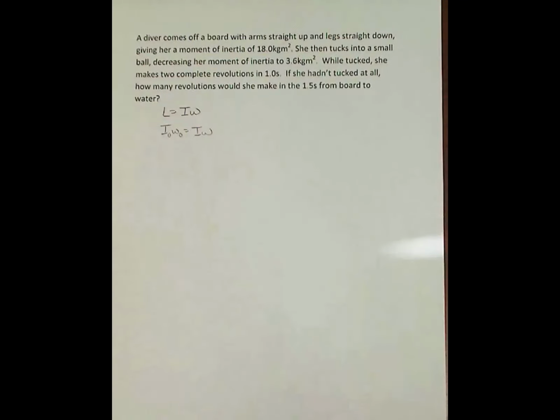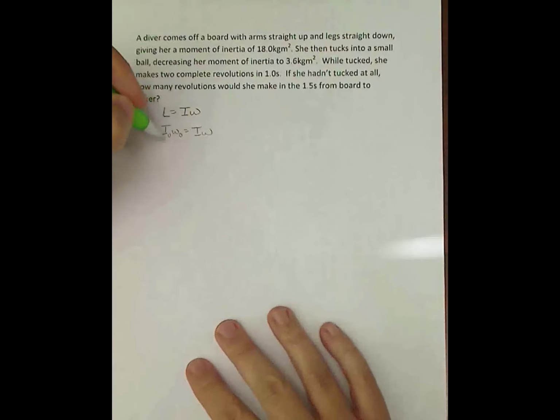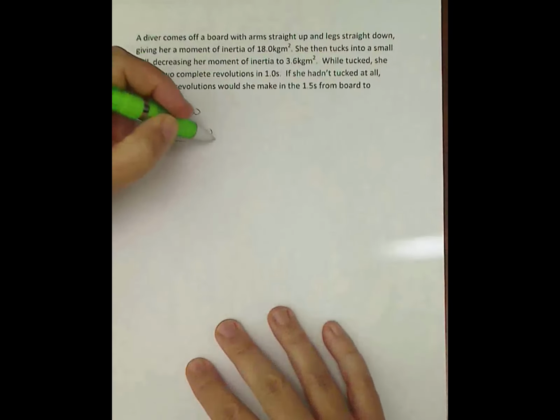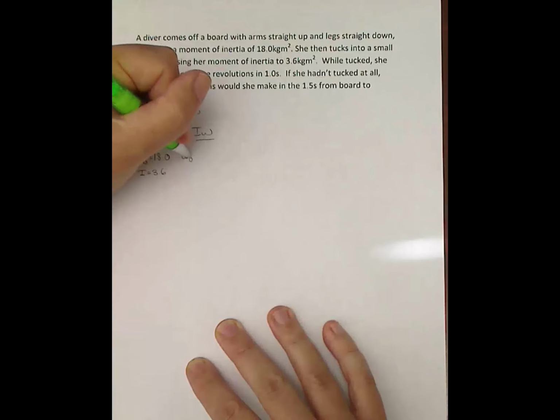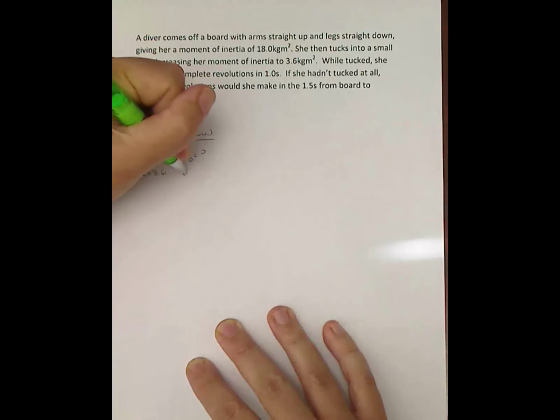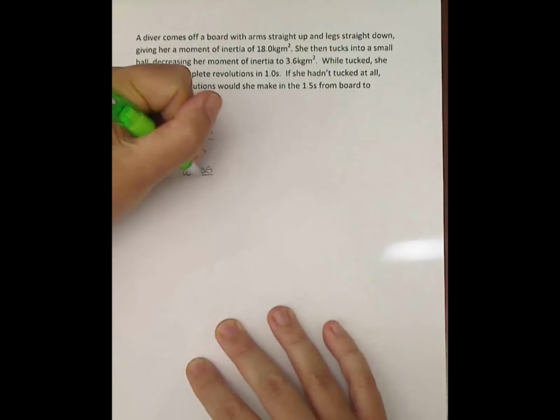Okay, so what we want to do is I initial, omega initial is equal to I times omega. So I initial we'll consider as 18.0. I final is 3.6. Omega initial is something we're going to have to figure out. Omega final is delta theta over delta t.